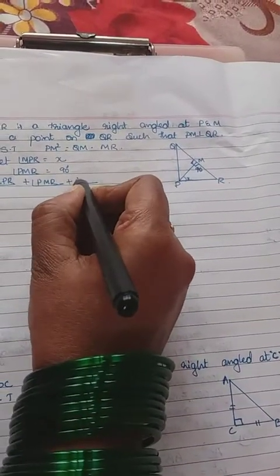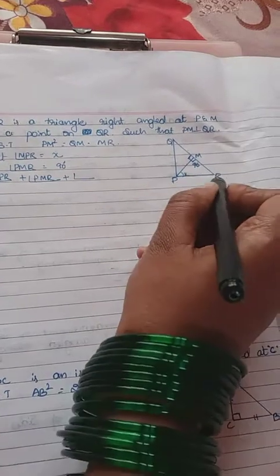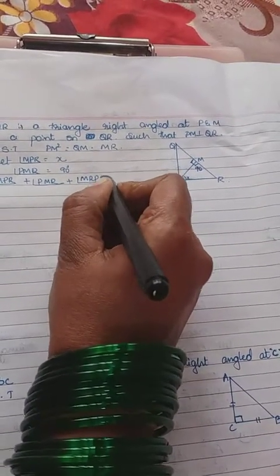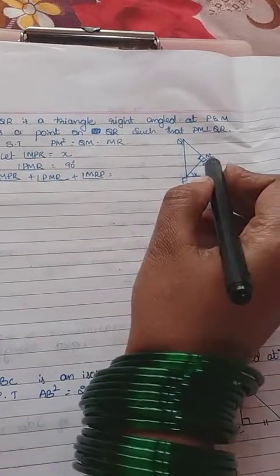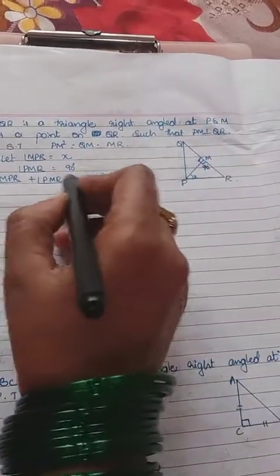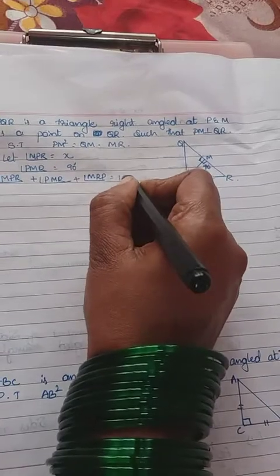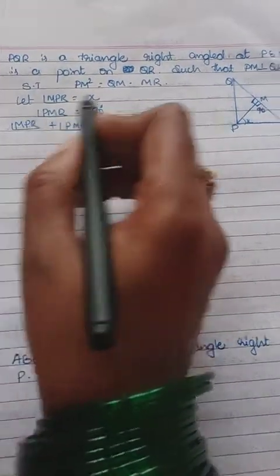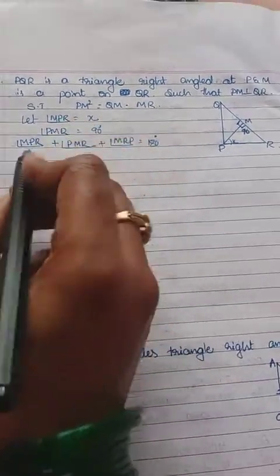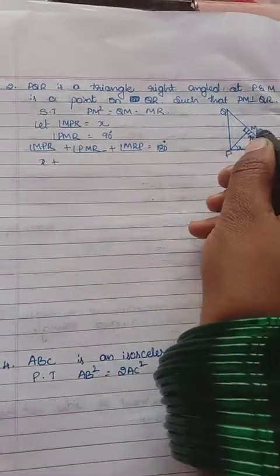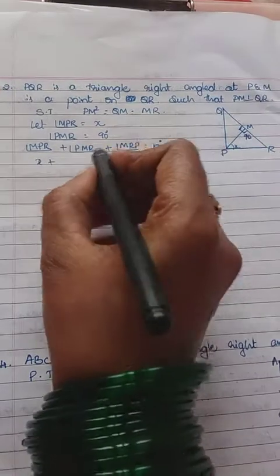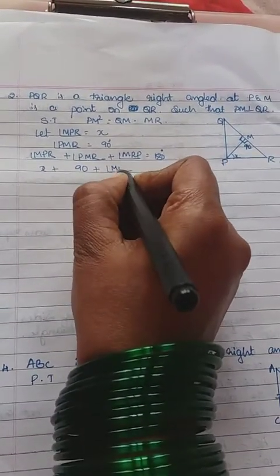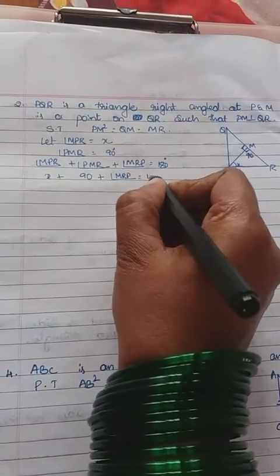The sum of all three angles in a triangle is 180 degrees. Let us substitute the values: MPR, which we have taken as x, plus PMR, which has been given as 90 degrees, plus MRP, which we don't know, equals 180.